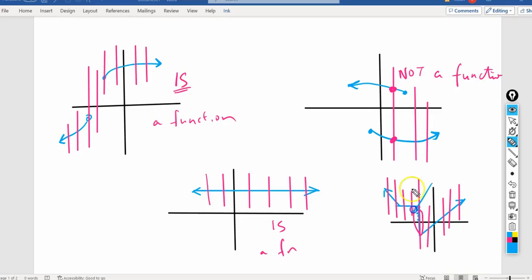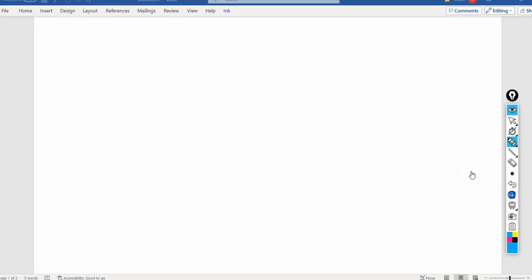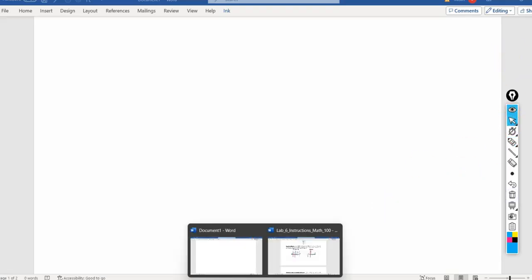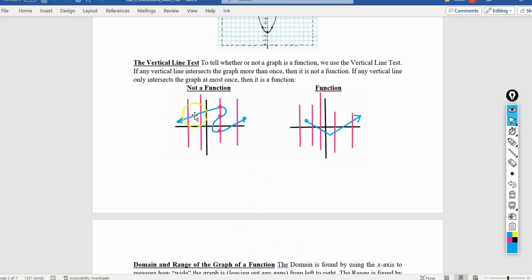So this is not a function. So if we go back to here, it should be obvious this picture is not a function, it does not pass the vertical line test. This one does.